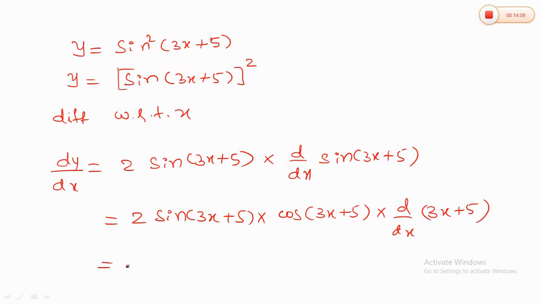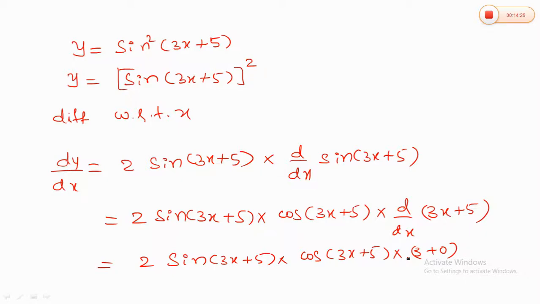So just write all these things, 2 sine 3x plus 5 into cos 3x plus 5, this into the derivative of 3x plus 5, which is 3 plus 0, that is 3.